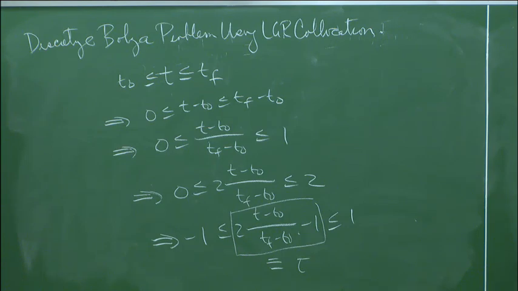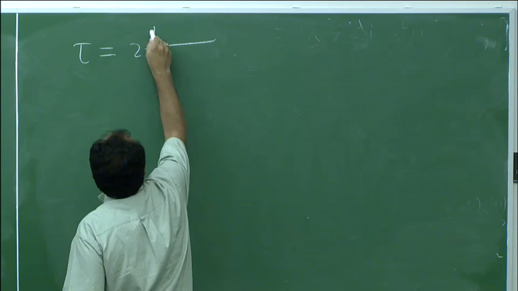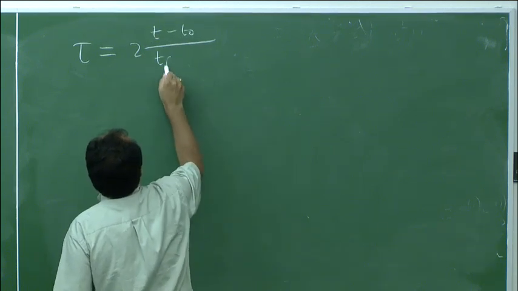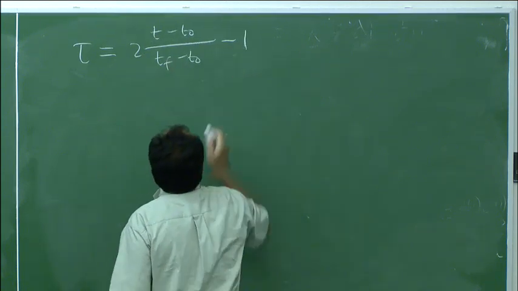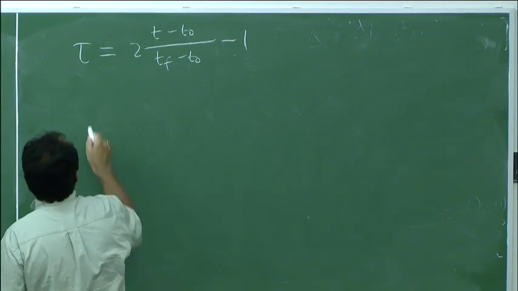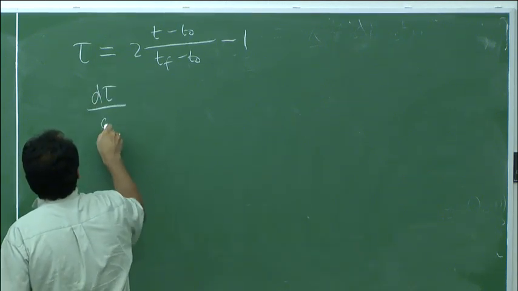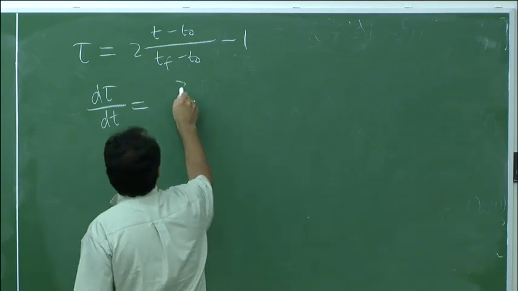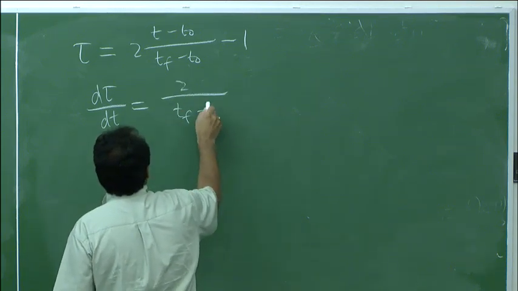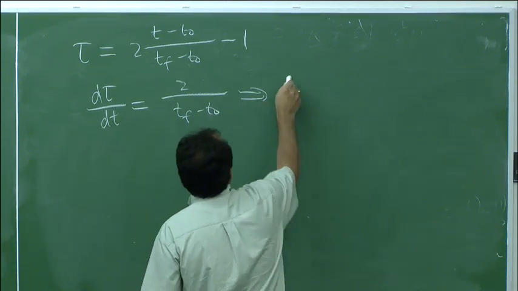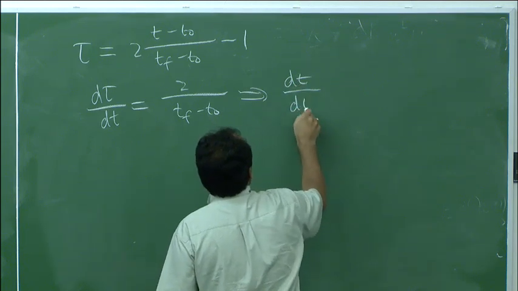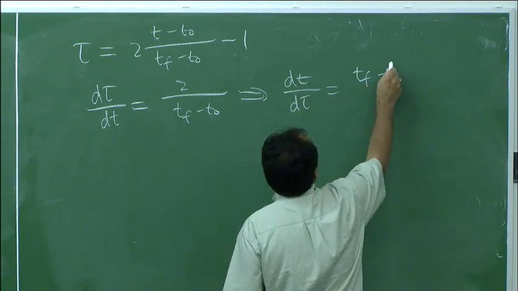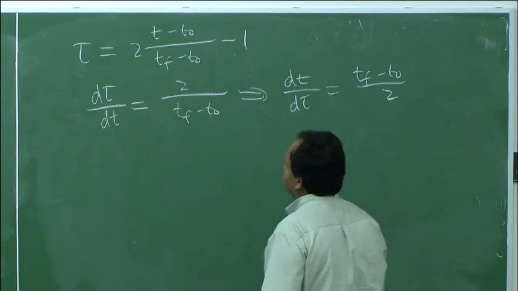So if I define tau to equal 2 times t minus t0 all divided by tf minus t0, minus 1, then you can see that d tau dt is equal to 2 over tf minus t0, which implies that dt over d tau is equal to tf minus t0 over 2.